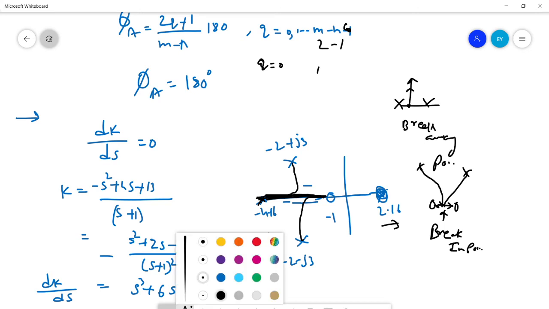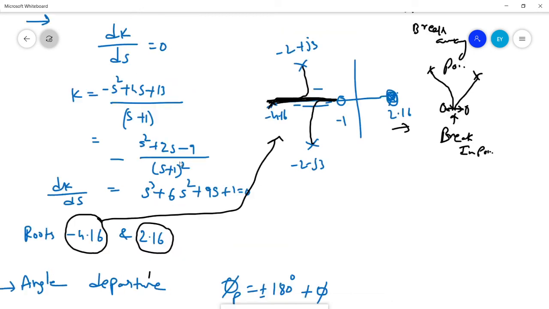For break-in or breakaway, the formula remains the same, that is dK/ds = 0. Substitute into the characteristic equation and find the roots. What we got is -4.16 and 2.16. As 2.16 is the real root lying on the right half of the S-plane, it is not required for us, because there is no locus here.